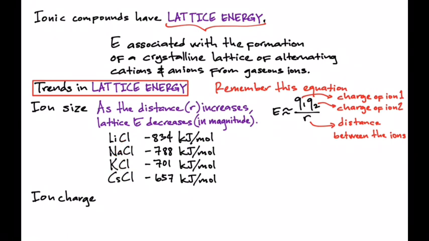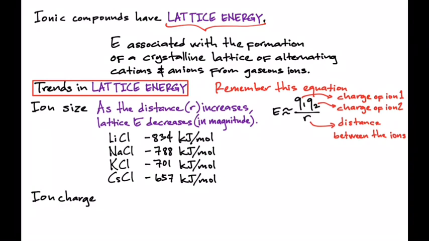In terms of the trend in ionic radius, size increases as you move from right to left and from top to bottom in the periodic table. Looking at lithium, sodium, potassium, and cesium, these are elements in group 1. So lithium is up top, and you move down the column to sodium, potassium, then cesium.